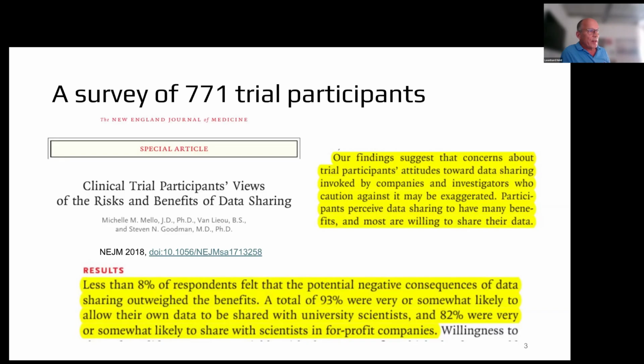A total of 93% were very or somewhat likely to allow their own data to be shared with university scientists, and 82% were very or somewhat likely to share with scientists and for-profit companies. So there's actually a large willingness among patients to share their data, and they are actually not so concerned about the potential risks of data sharing. I thought that was quite an interesting survey that I found while preparing this talk.